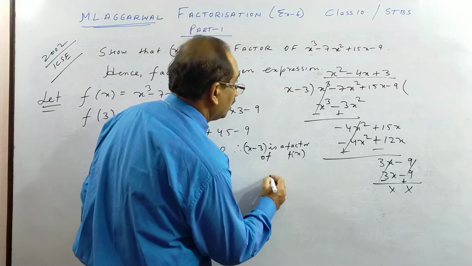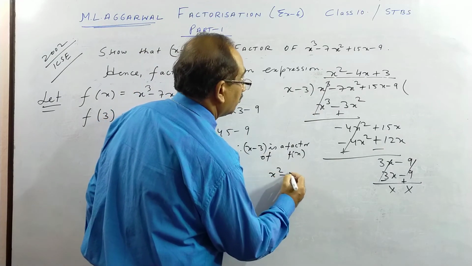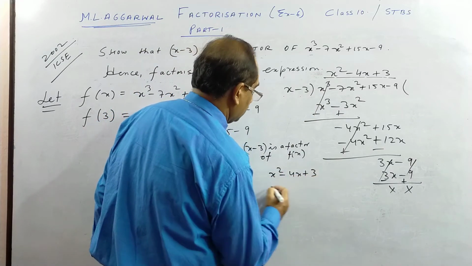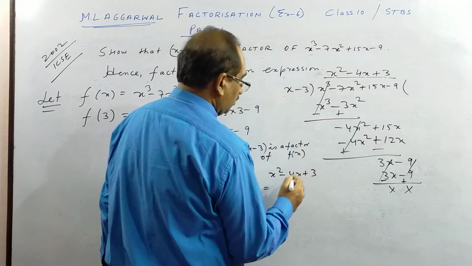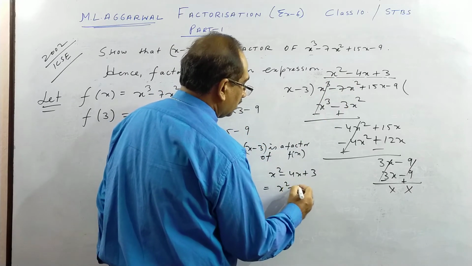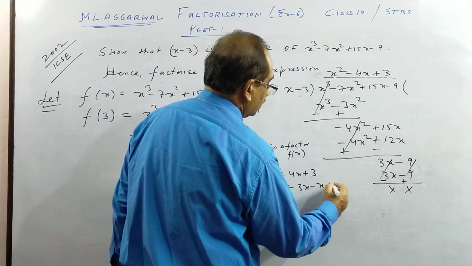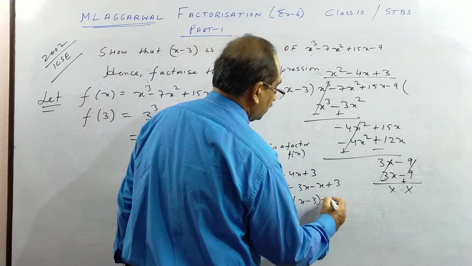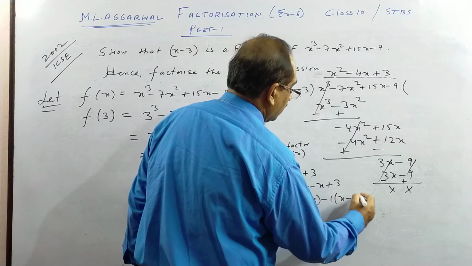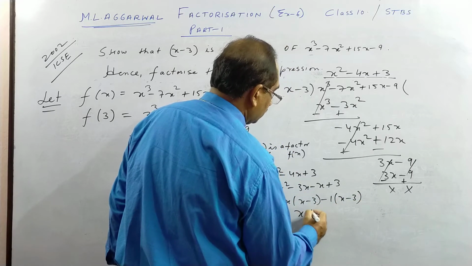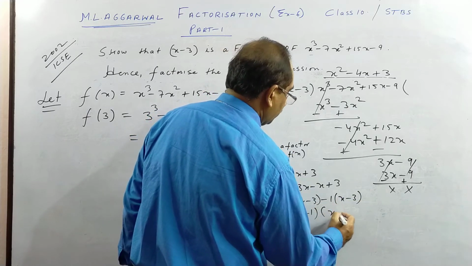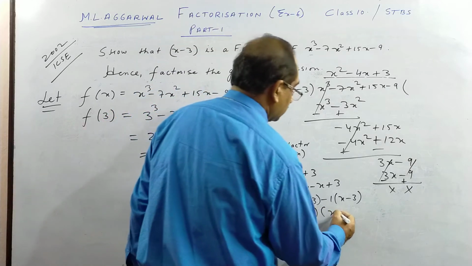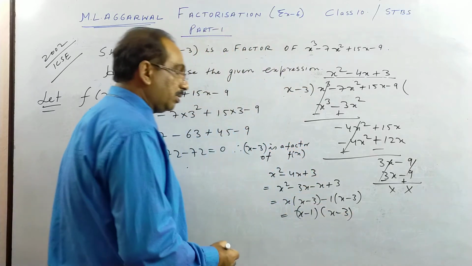Let me show you here. x square minus 4x plus 3: this quadratic expression I can do like this. x minus 3, x minus 1. So this is x minus 1. You have done this in class 8 and 9, children. We factorize by middle term breaking.